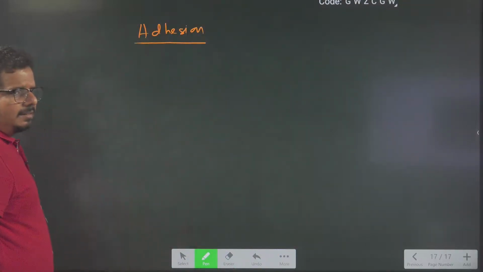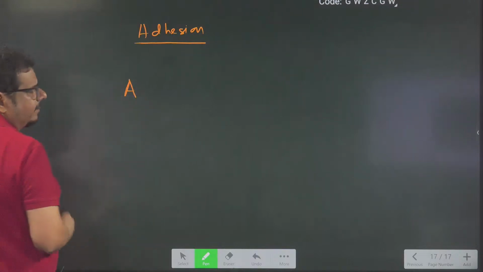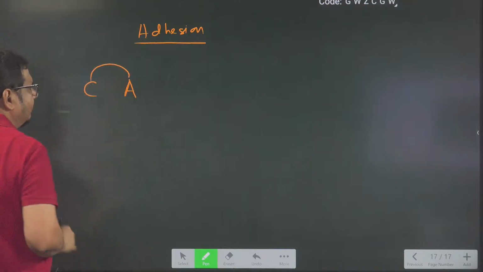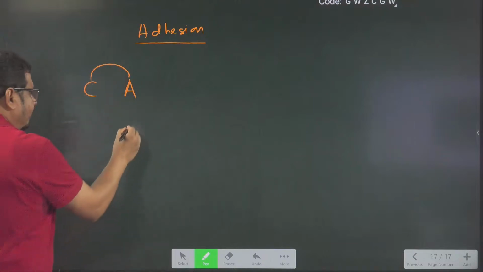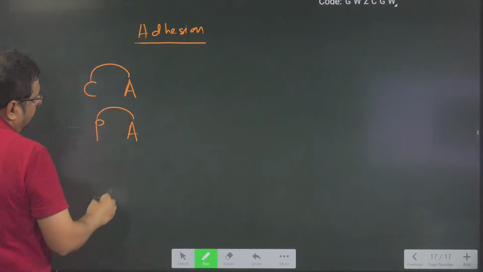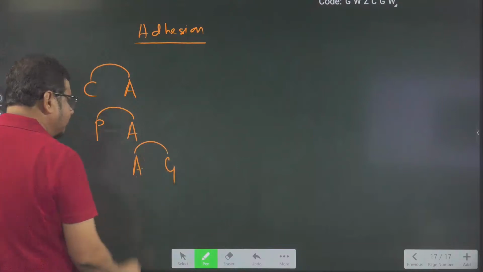If a stamen, which we represent with A, fuses with petal, represented with C, fusing like this. If a stamen fuses with perianth like this. If a stamen fuses with gynoecium like this.